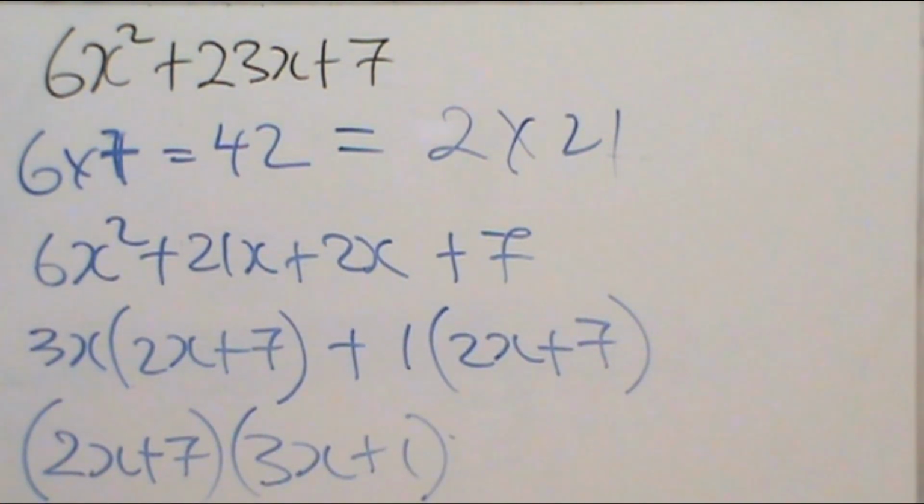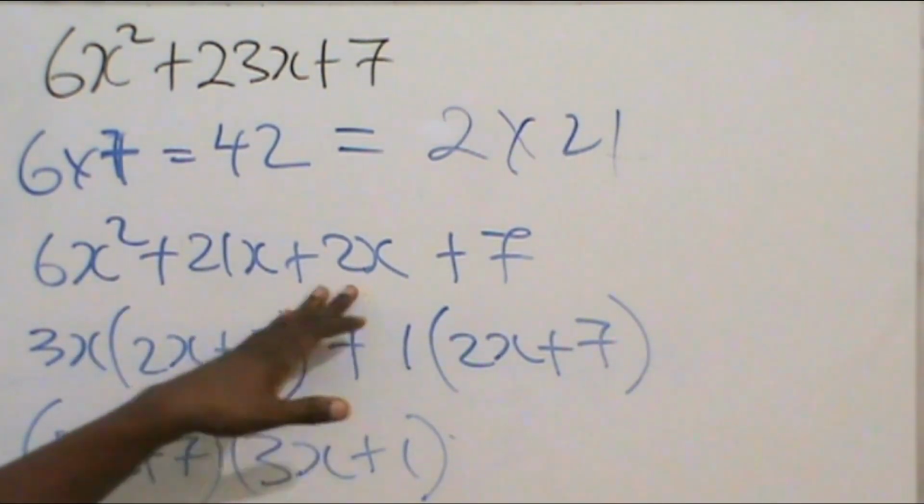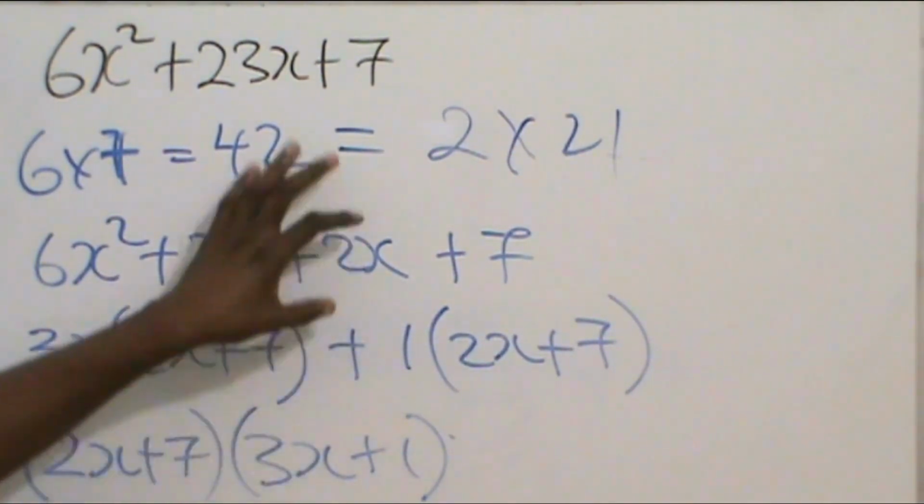Same difference, alright? So in this example, I was able to quickly shift from 2x plus 21x to 21x plus 2x in the middle here, right?